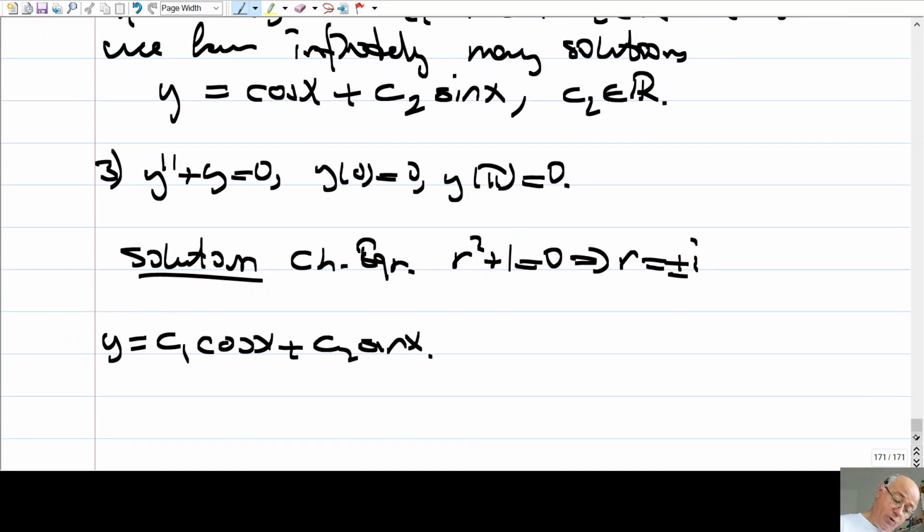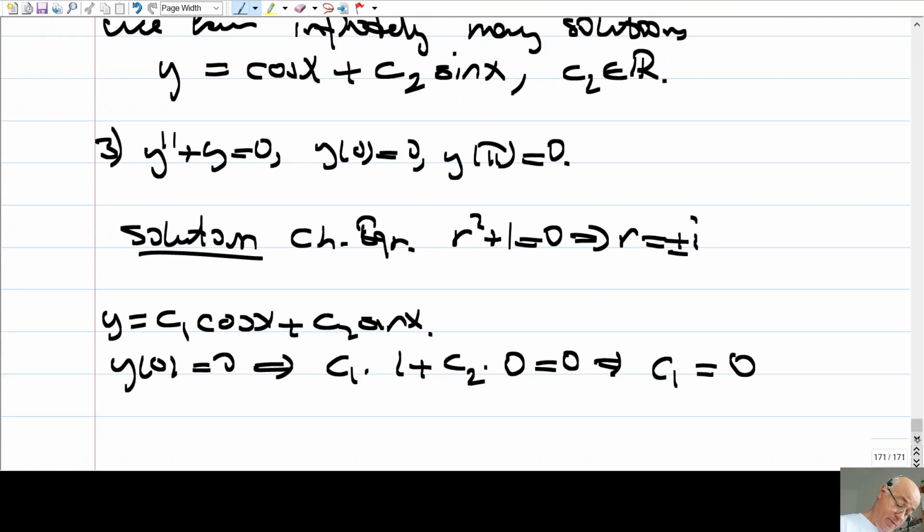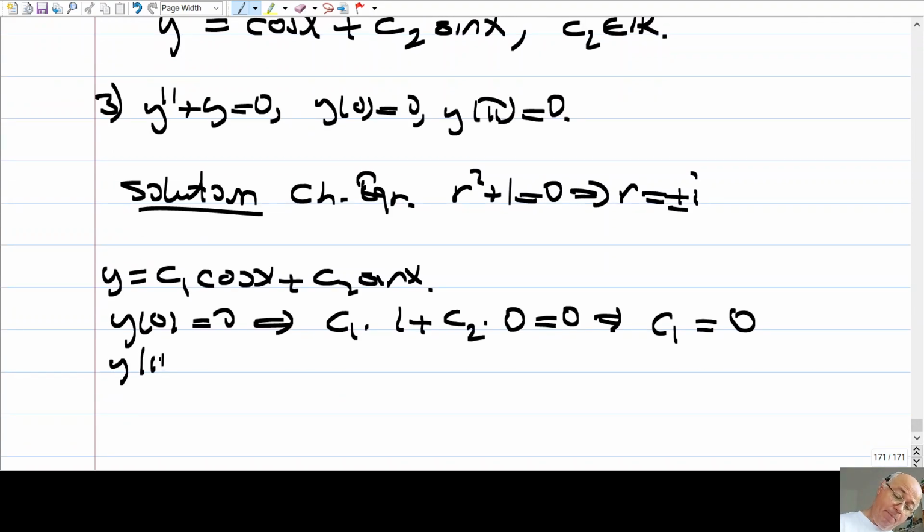Let's plug in the values. y(0) equals 0 implies c1 times 1 plus c2 times 0 equals 0. And this gives us c1 equals 0 this time. And y(pi) equals 0 implies c1 times minus 1 plus c2 times 0 equals 0.